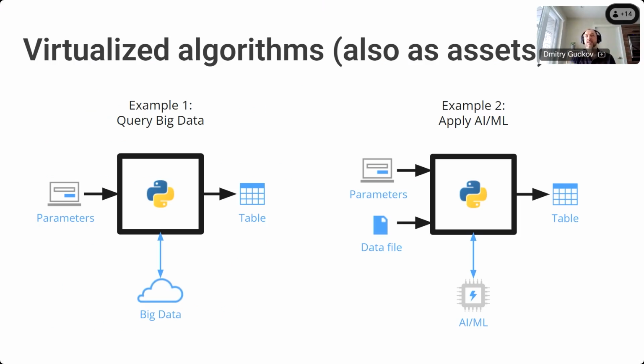They can be abstracted away as black boxes with known inputs and known outputs, and by abstracting away such algorithms, you can make them available to less technical people in your organization, where they can use them on their own in a self-service manner when it's necessary, without dealing with the complexities of Python scripting or whatever other implementation mechanism it may have.